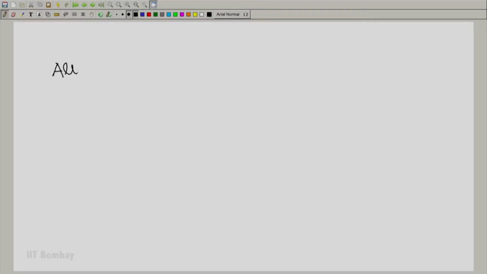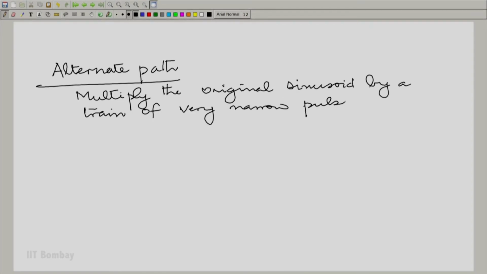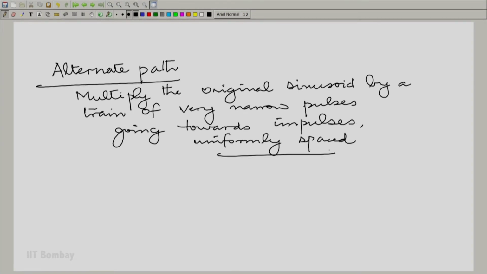So, if you make the pulse narrower, you must compensate by increasing the height proportionally. In other words, you must move towards impulses. So, the alternate path is multiply the original sinusoid by a train of very narrow pulses. Remember, these were going towards impulses which were uniformly spaced. We are talking about this situation.